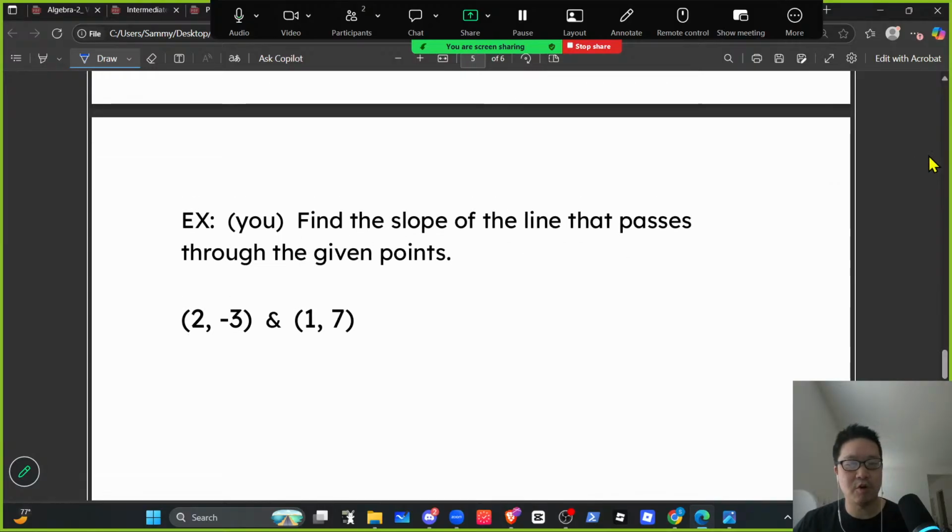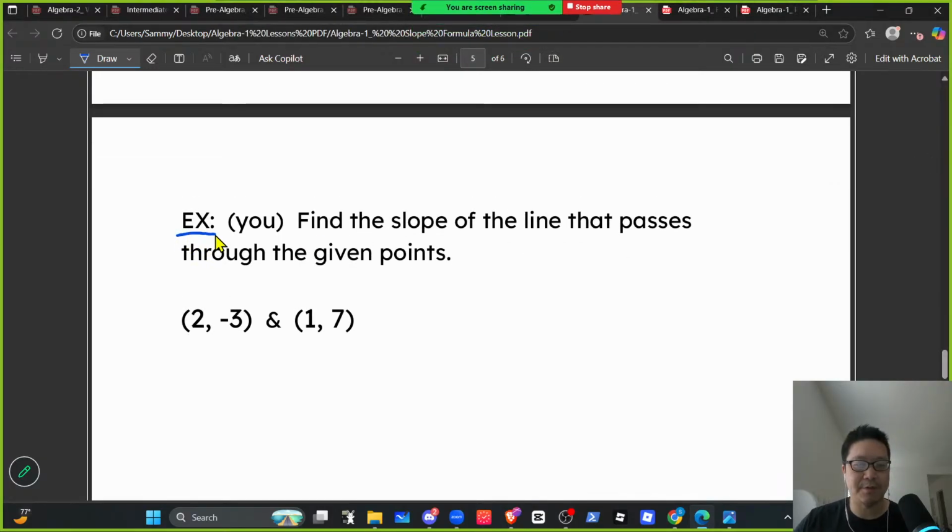All right, your turn. Go ahead and find the slope of the line that passes through the given points and let me know when you're done.